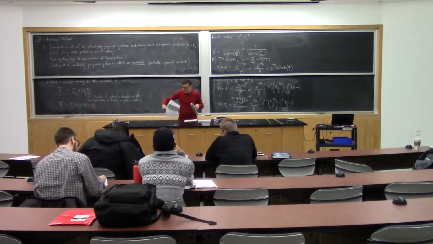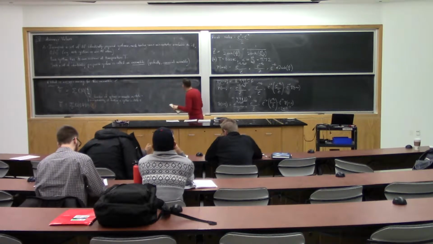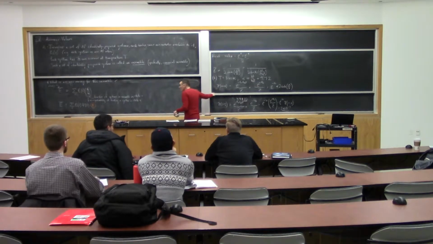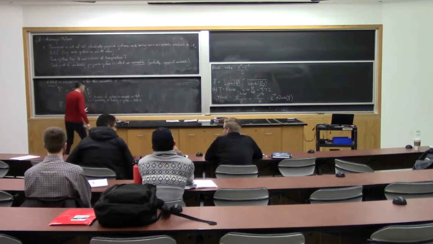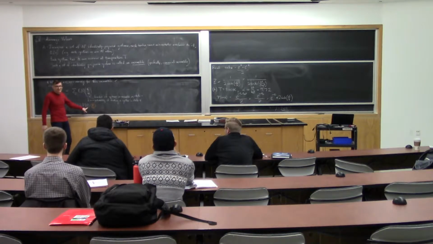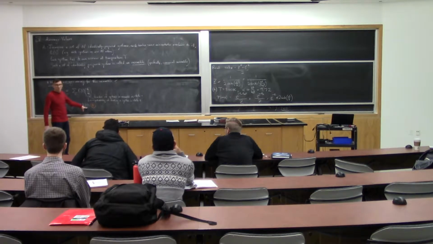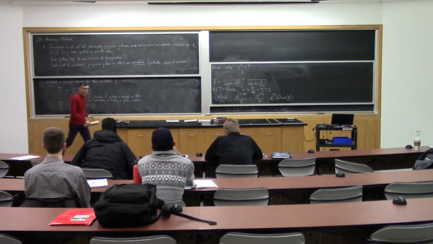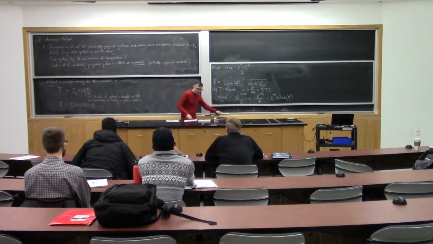Now, all I do in the canonical approach to statistical mechanics is I say, well, now that you've written it this way, I know what to put for the probability of being in a particular state S. I use the Boltzmann distribution function. Okay? So that's the next thing you do.